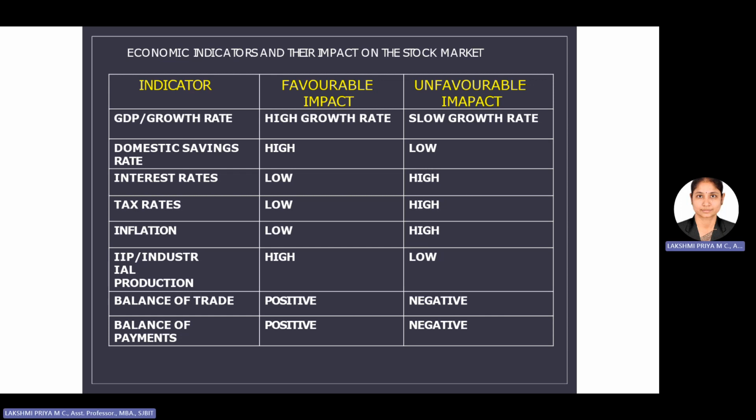Then, how do savings and investments impact the stock market and hence the stock prices? All of us know that growth requires investment. So how do you get the investment? It is through a considerable amount of domestic savings.